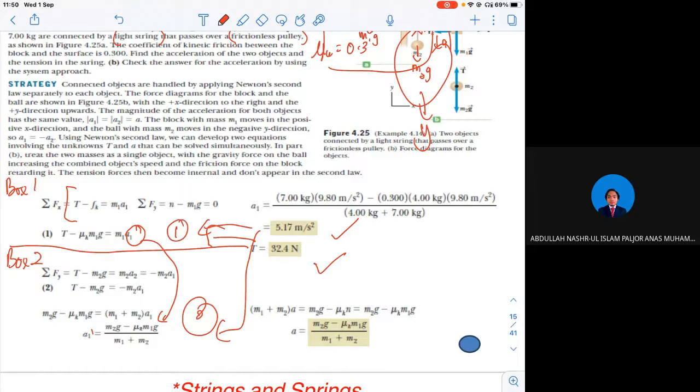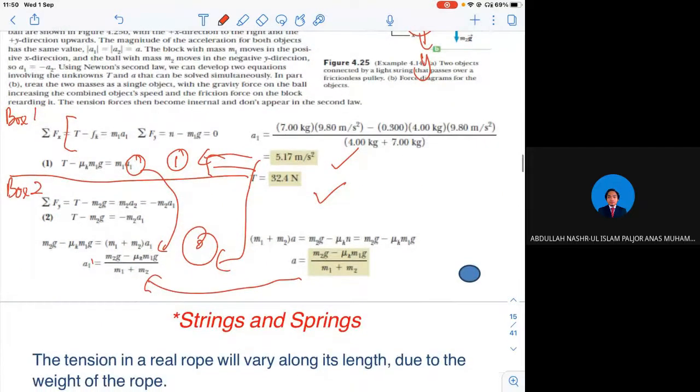Then try to get the acceleration using equation number 2. Simple. We can also get acceleration equivalent to 5.17 and tension equivalent to 32.4 Newton.